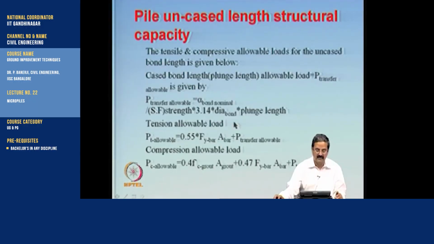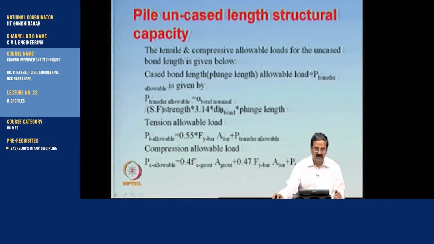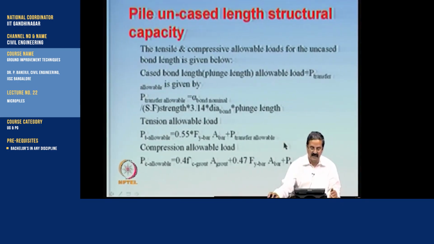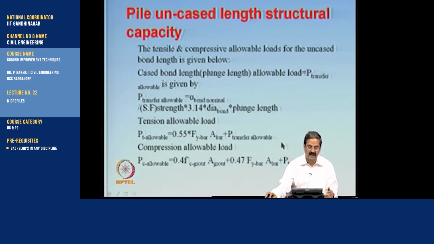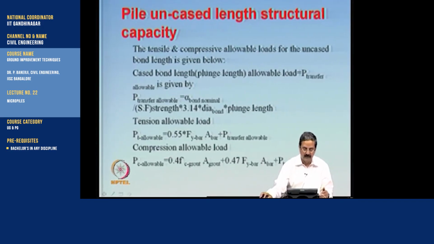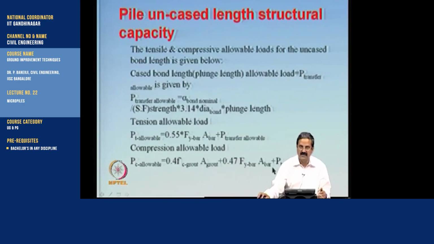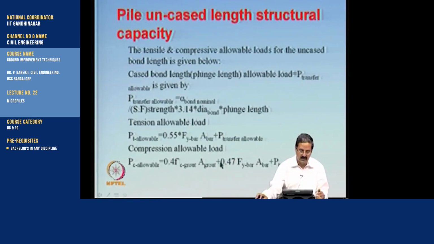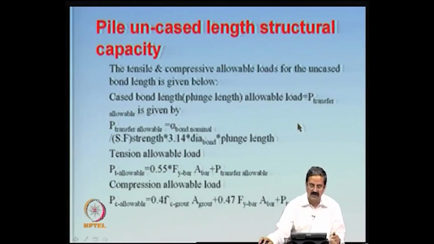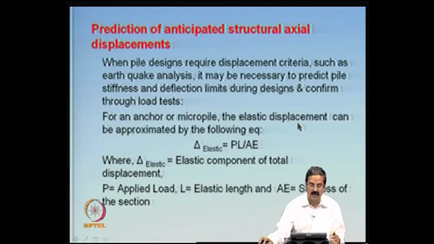Here we use bond strength, and the tensile allowable is used in the same way, except that I removed the casing here, nothing else, and for the compression allowable load, again the casing is not there. So the same expressions and concepts are used to get the allowable loads on the micropile based on geotechnical as well as structural considerations.